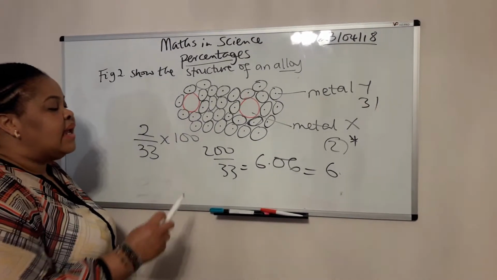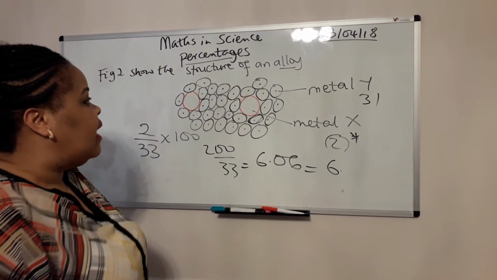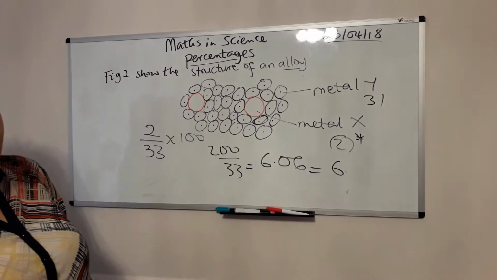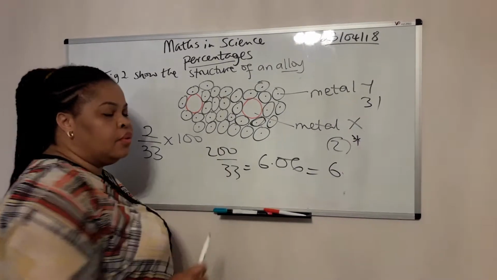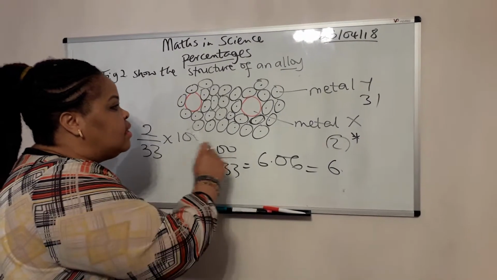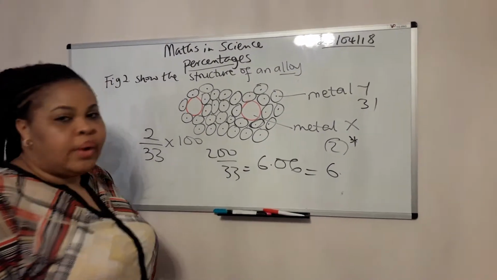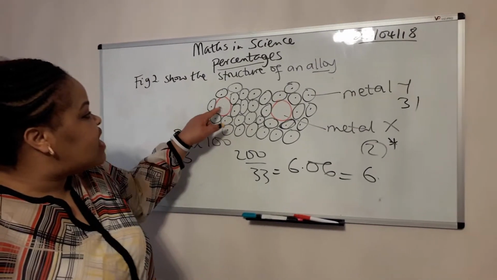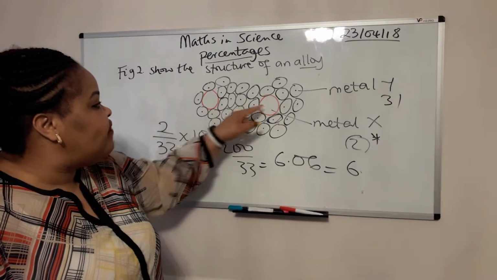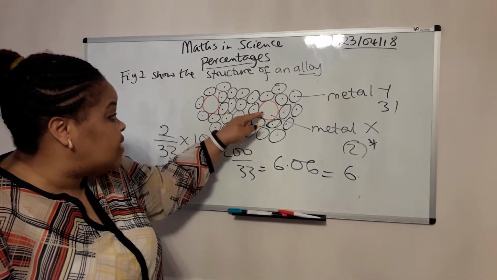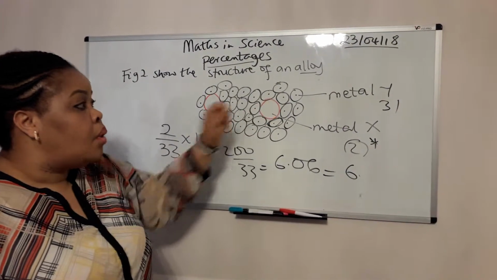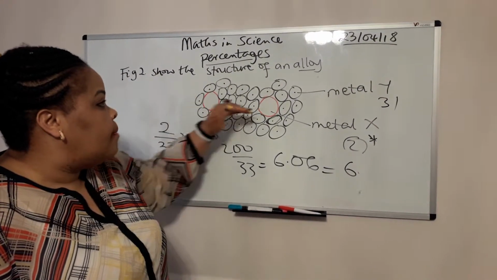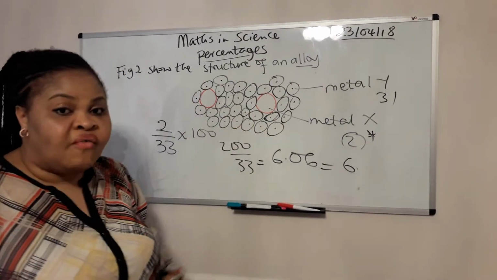Lastly, another question that was asked on this paper was, what makes this alloy stronger than the normal metal? If it was just metal, why would this new alloy be stronger? And the answer to the question is because these atoms have a different shape and a different size compared with the normal metal Y. It therefore reduces the ability of metal Y atoms to slide over each other.